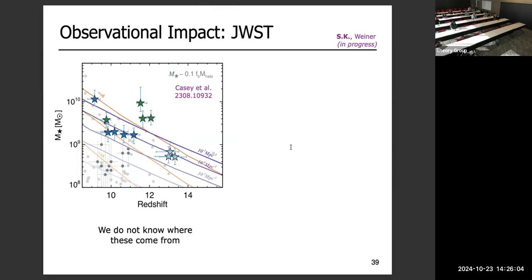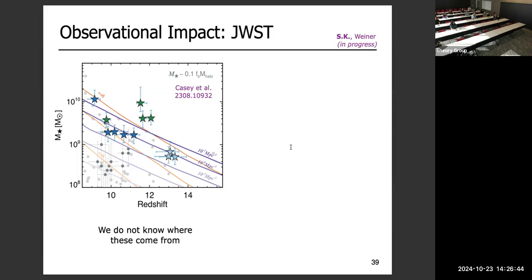And the reason why this can be connected to exciting observations is that, as you might have heard, various surveys with the JWST seem to be seeing pretty high redshift and very massive galaxies. We actually do not know where these are coming from. This could be entirely astrophysics. It could be BSM. We do not know for sure because star formation at these very high redshifts is not well understood.